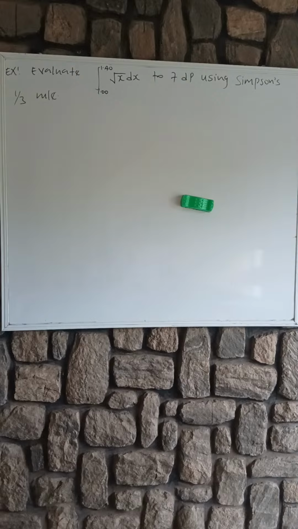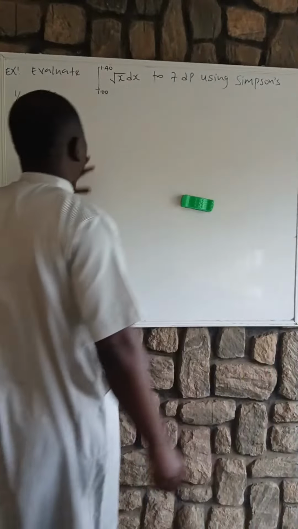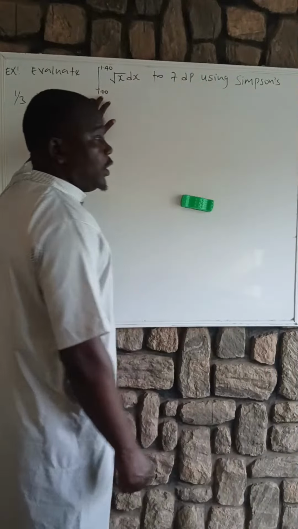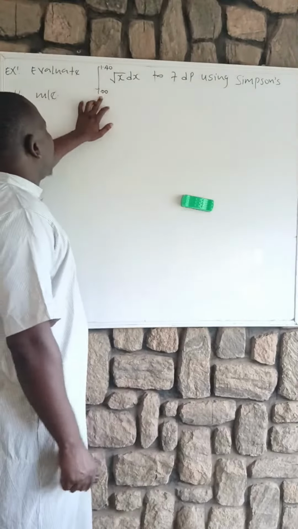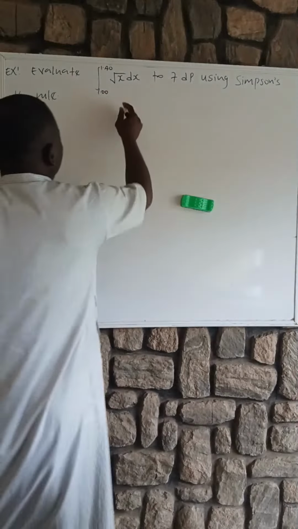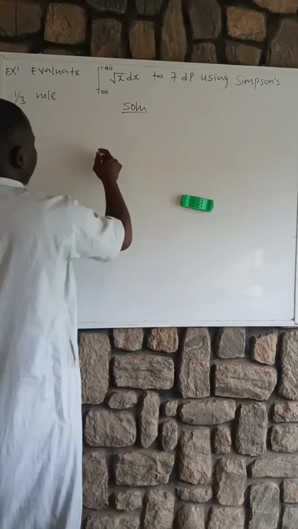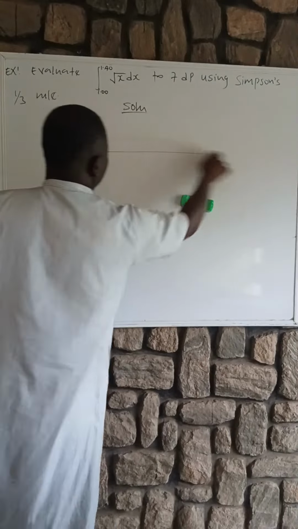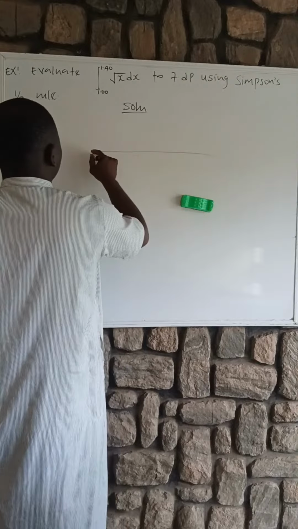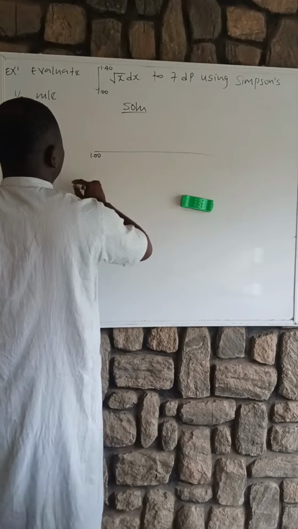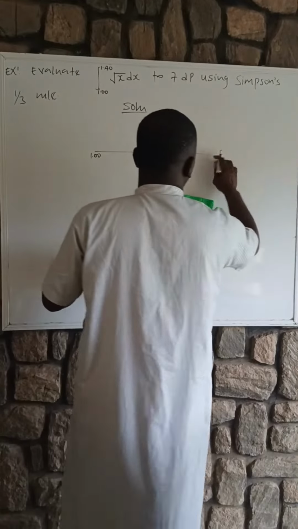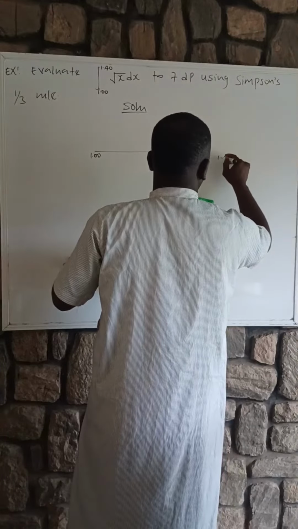Okay. So the most important thing here is for us to know the intervals. That is, let's write the solution first. We know that x is running from 1.00 to 1.4.